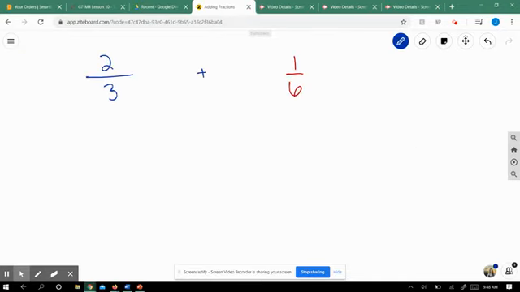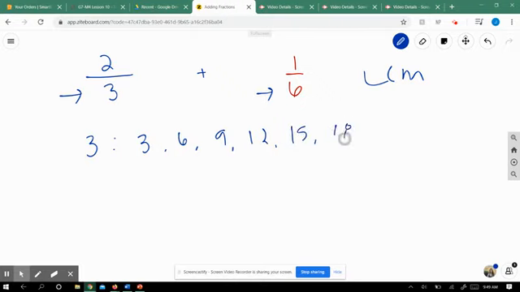Okay, so we're going to do one more example with the LCM method. This time we have 2/3 and 1/6. Again, I know that my denominators are different. I'm going to go ahead and list out my multiples. So for my multiples of 3, we can skip count again: 3, 6, 9, 12, 15, 18, 21, 24, 27, 30 is how far I'll go.